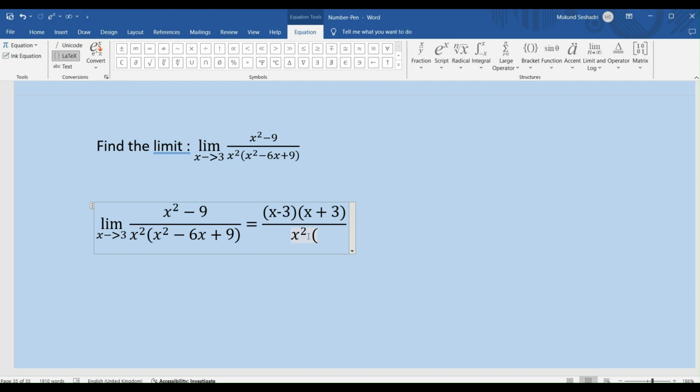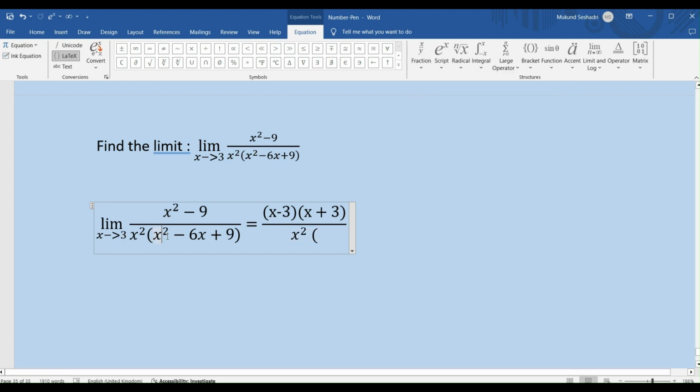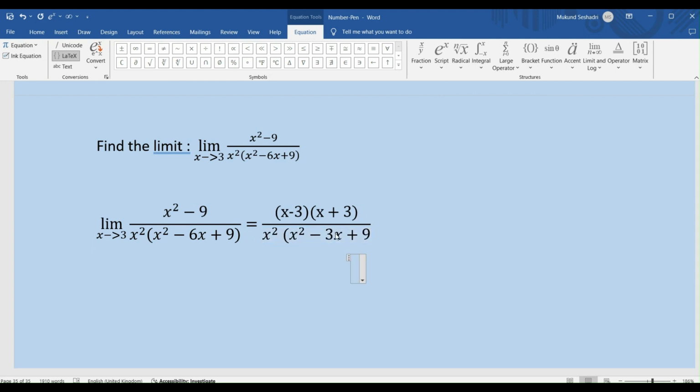Or the other way, you just factorize it, and 6x in the denominator, which is x square minus 6x plus 9, can be rewritten as, let me do it that way for some of the other folks who might want to look at it in that fashion. So I'm going to put it across in that manner rather than directly applying the formula. So I can write 6x as 3x minus 3x, right?